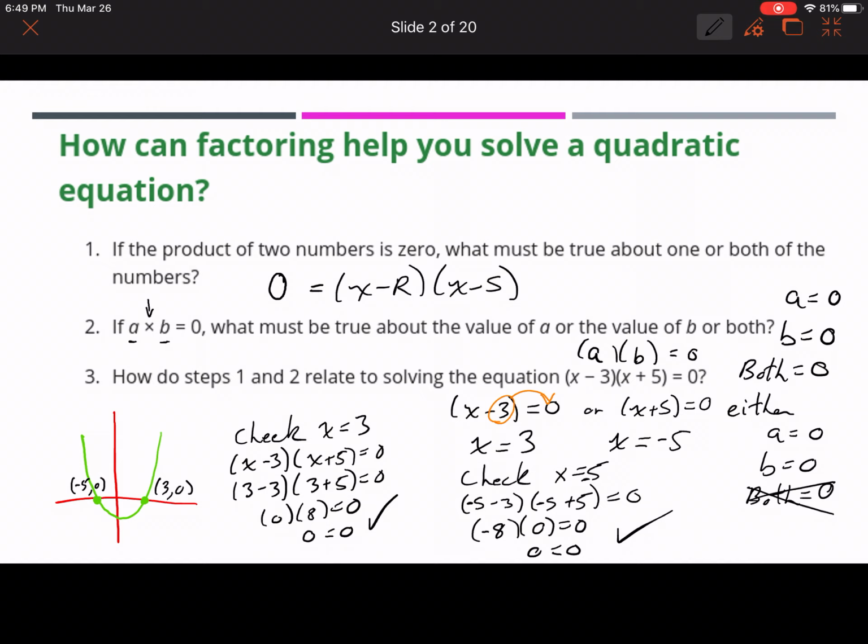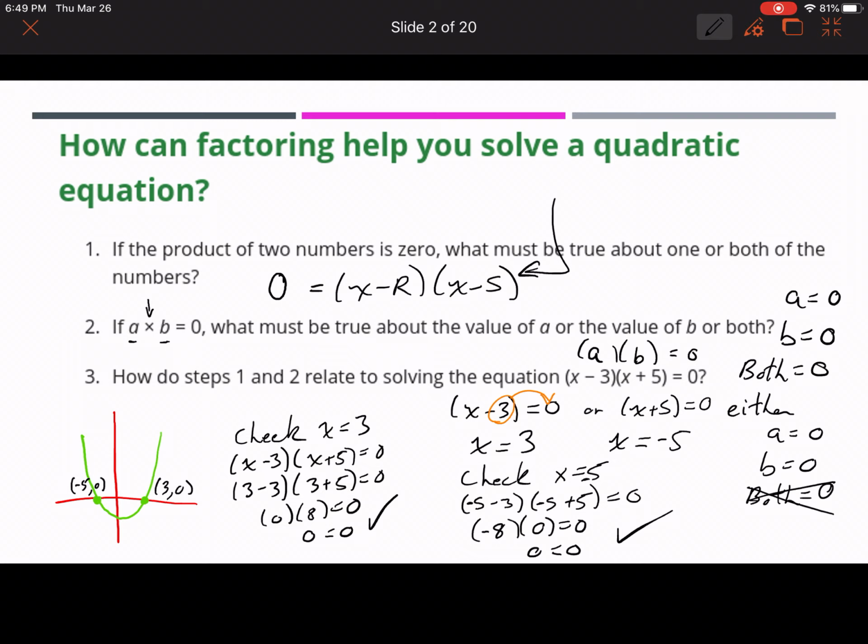So how can we factor to help us solve a quadratic equation? We are going to put our equations into this form so that we can figure out what our zeros are going to be, since this is our x-intercept form.